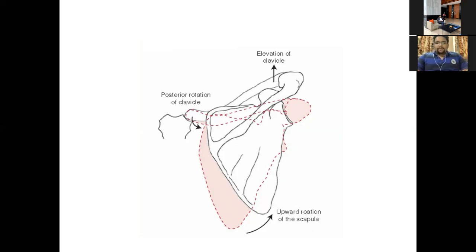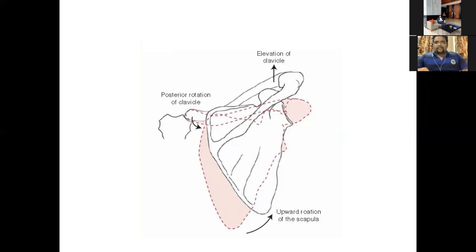So to dissipate the forces, the coracoclavicular ligament, which is connected to the conoid process of the scapula, will do the downward positioning of the scapula, not the rotation.